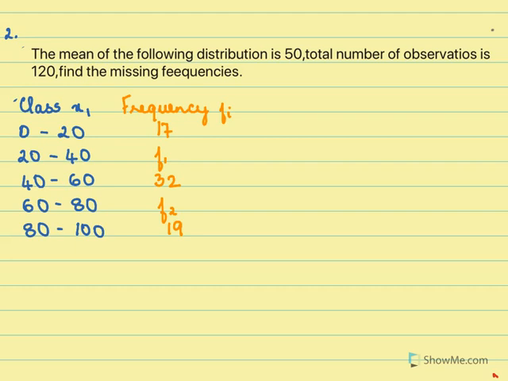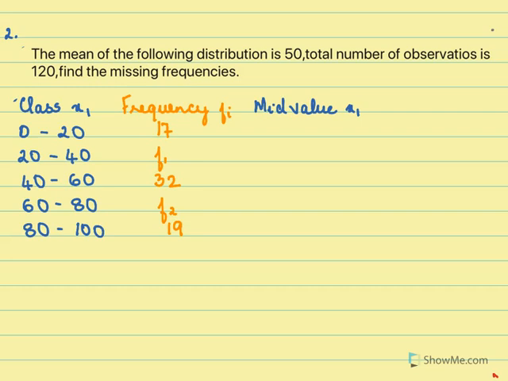The mean of the distribution table is 50. The total number of observations is 120. Find the missing frequencies. So here first we need to find the mid value. We call that Xi. It's the upper limit plus lower limit divided by 2.